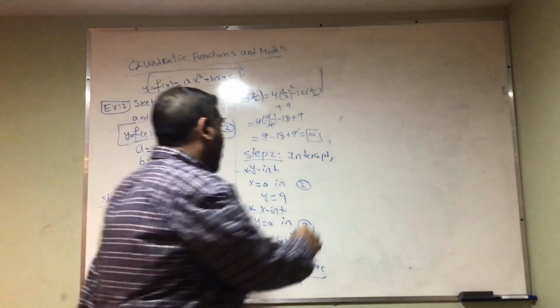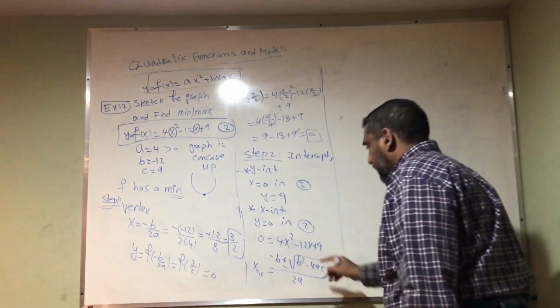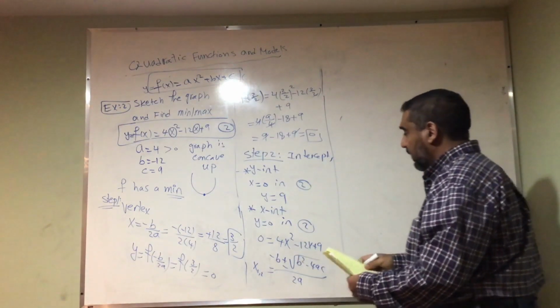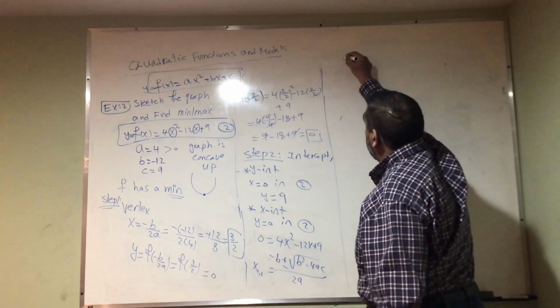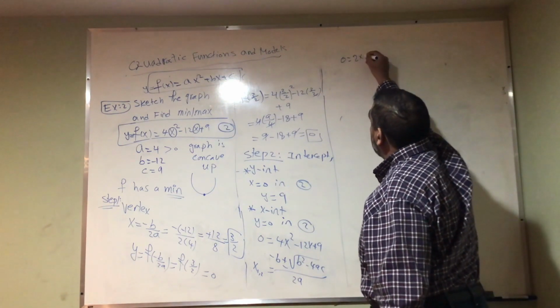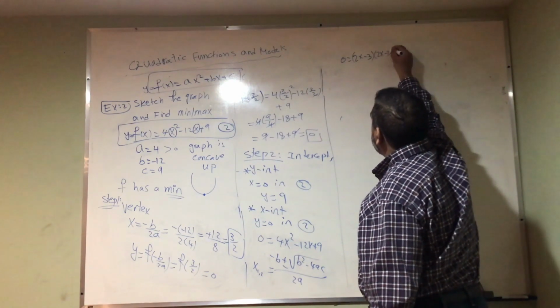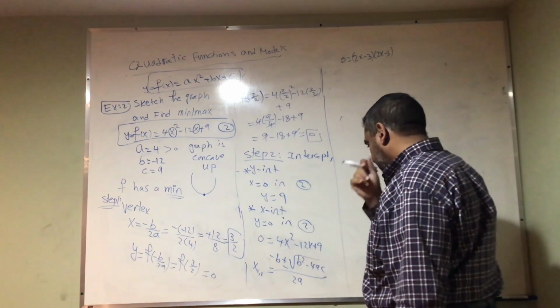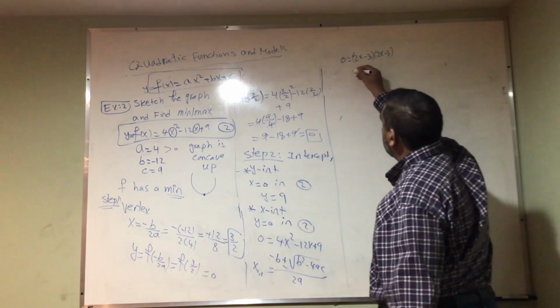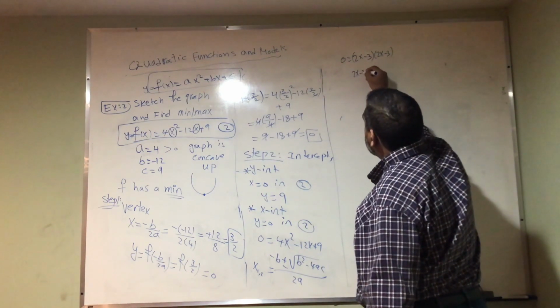But here, I can factor this one. I could write 0 equals 2x minus 3 multiplied by 2x minus 3. So you will have 2x minus 3 equals 0.